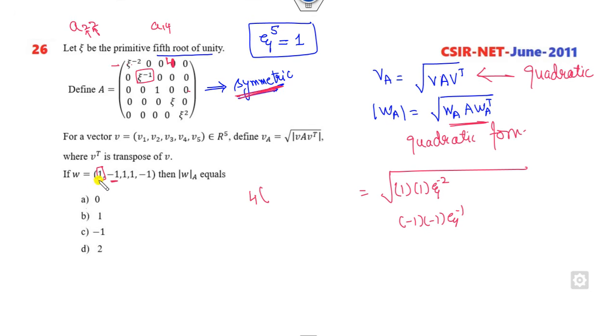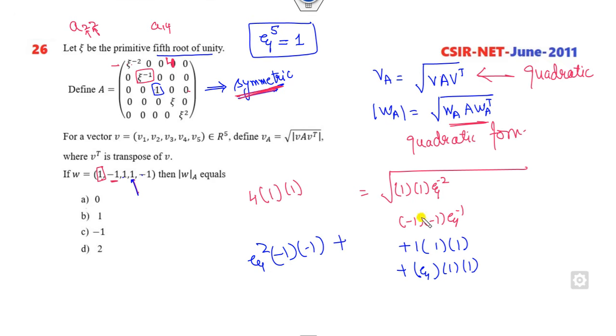The first pair 1, fourth pair will be 1. That is the meaning of this. Similarly, the third pair is A3 3. So 1, third pair is my square of this 1 A3 3. Fourth pair is xi. Fourth pair A4 4 1 1. Fifth pair is minus 1 of xi square. So what is the answer of this? This is my, so the answer is xi raised to power minus 2, xi raised to power minus 1, xi square.